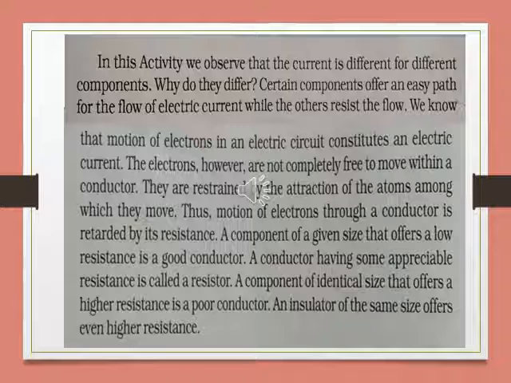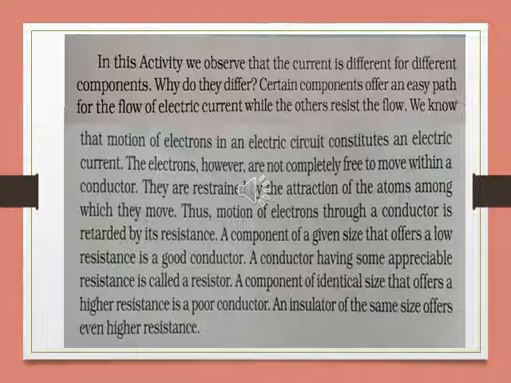The electrons, however, are not completely free to move within a conductor because atoms are there. They are restrained by the attraction of the atoms among which they move, and thus the motion of the electrons through a conductor is retarded by its resistance.